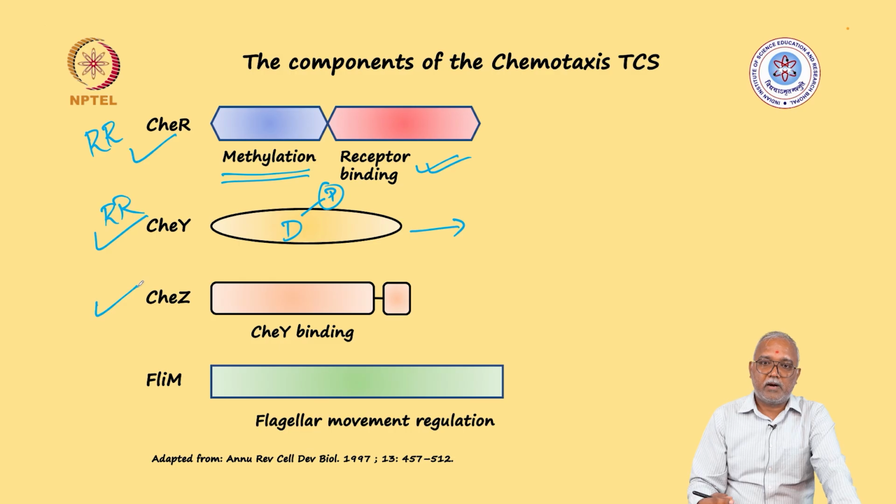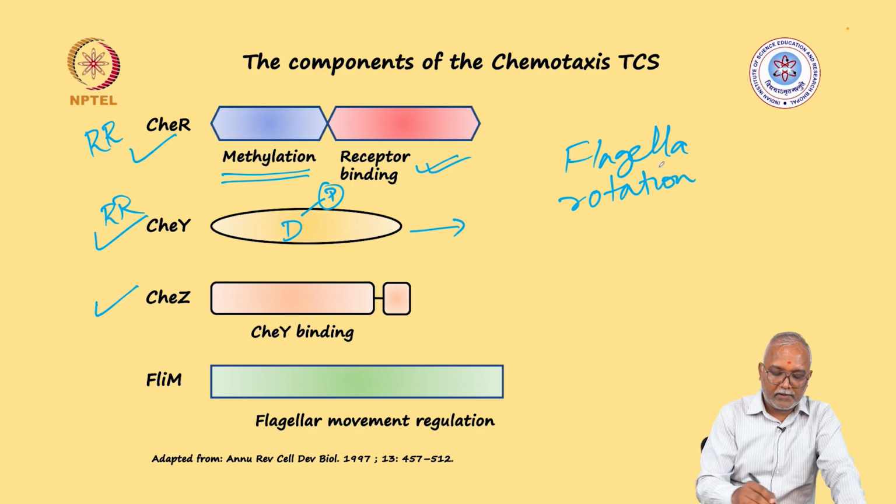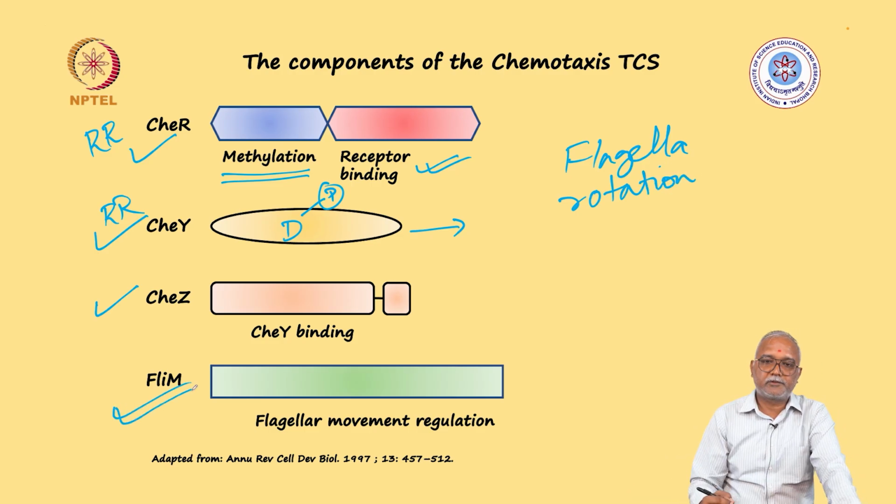Remember that this is a chemotaxis kind of response, so bacteria, depending on the signal, may have to move in the direction where the signal is coming from, or move away from the signal. And for that, we remember that we discussed that flagella rotation is very important.